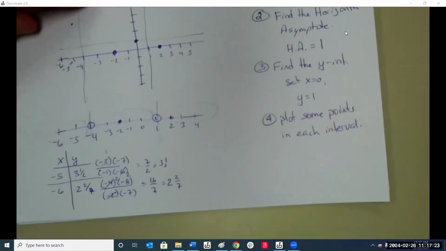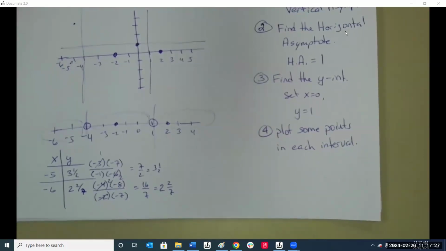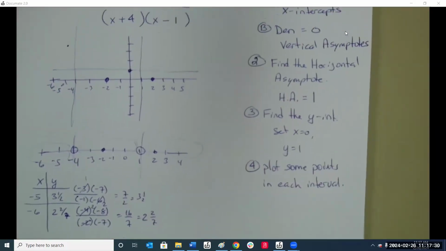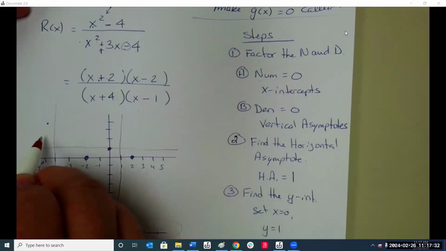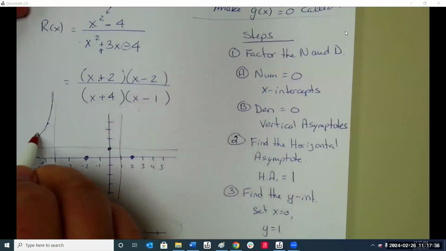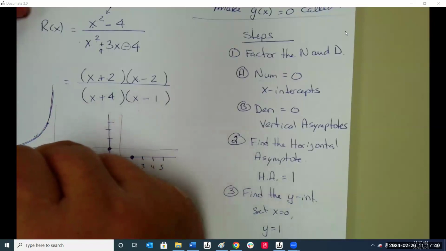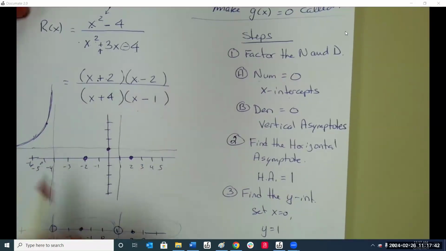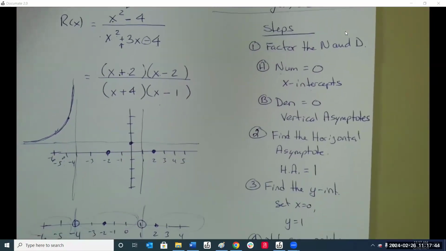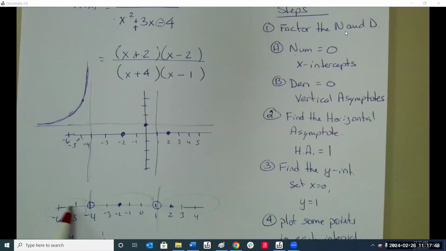So what do we notice about our points going to the left? They're going down. So we know that this part's going to look like this. So that's in this first interval.